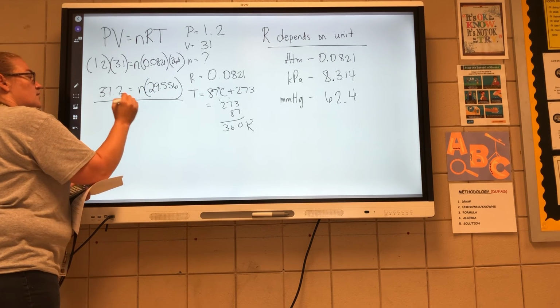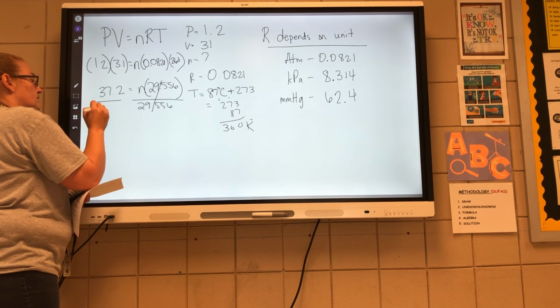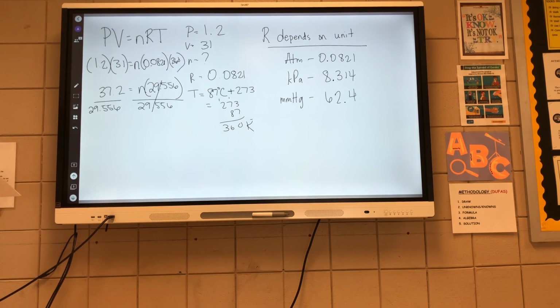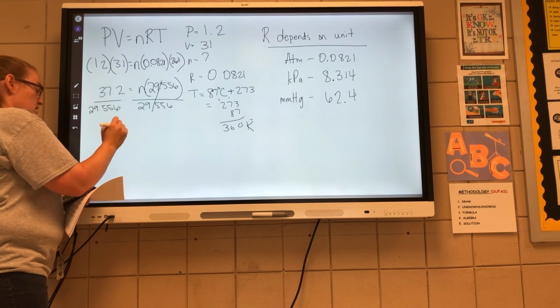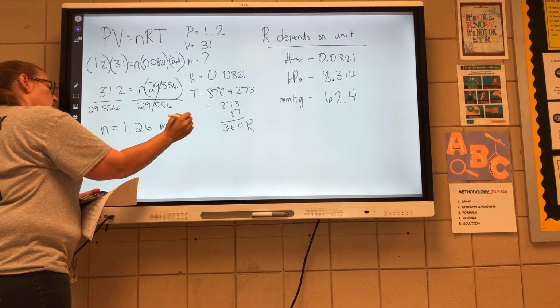So I'm going to divide by that on both sides. 37.2 divided by 29.556 is going to give me N is equal to 1.26 moles.